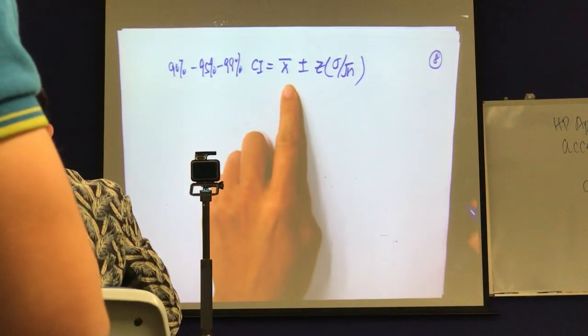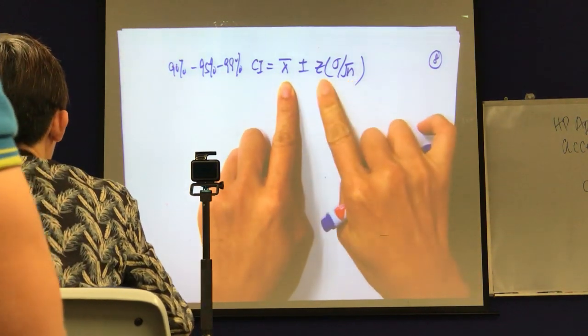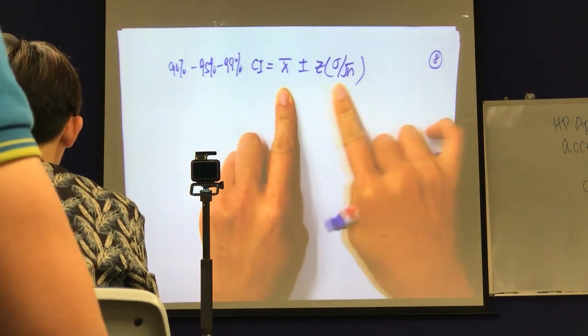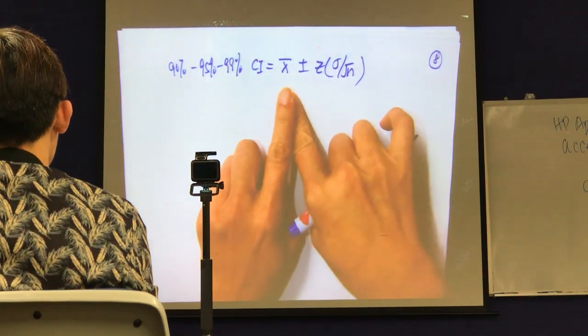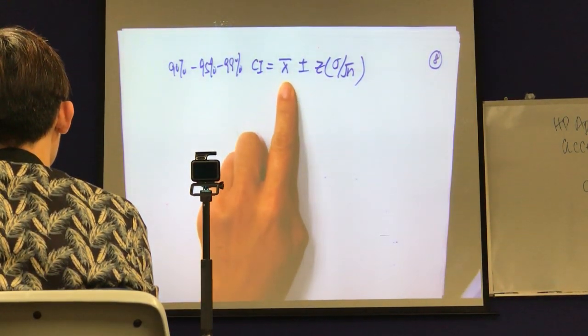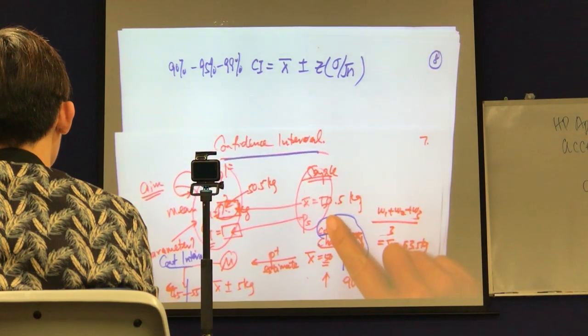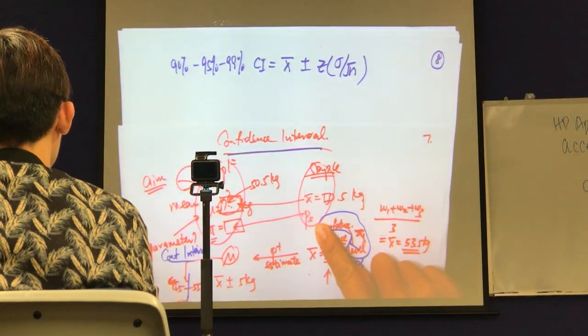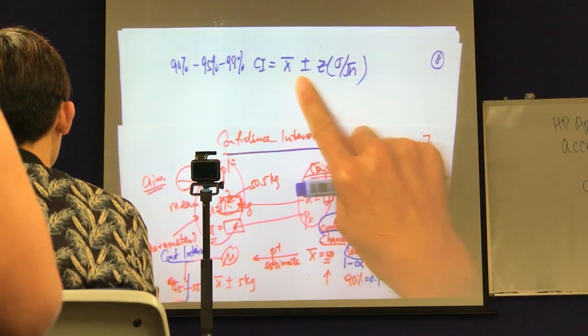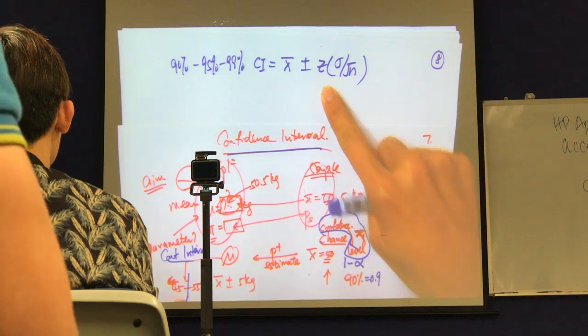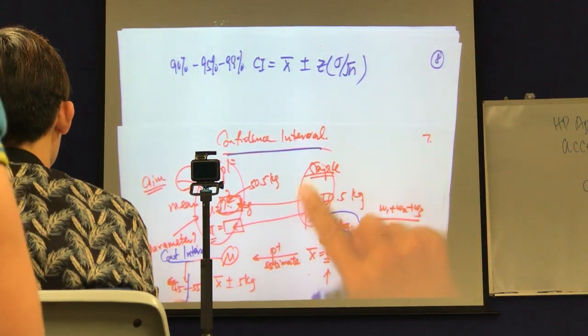This is very much like 50 plus minus 5, 50 plus minus 10, 50 plus minus 50. So we start with the 50, which is the X bar. Of course, this X bar of 50 happens to be just for this example. But in the exam, if the sample says that X bar is 70, then you have to use 70 plus minus something. We start with the X bar from the sample.